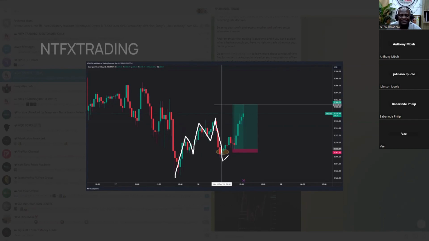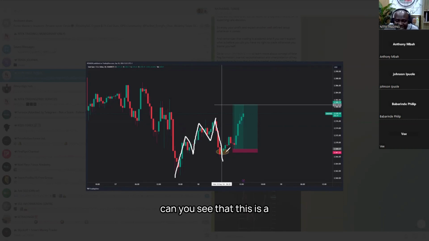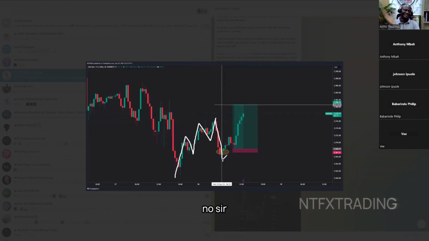Hey, am I lying? Yes. No. So good. Can you see that when you study characteristics of mitigation, you will see that there is no inducement in this mitigation? Is there inducement in this mitigation? No, sir. That is a valid mitigation.